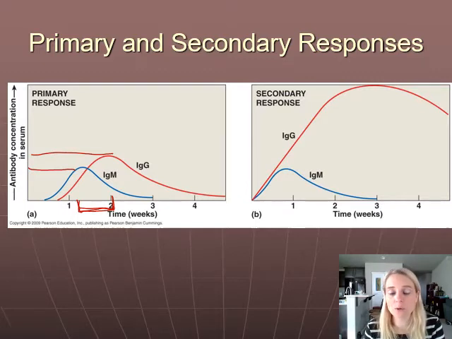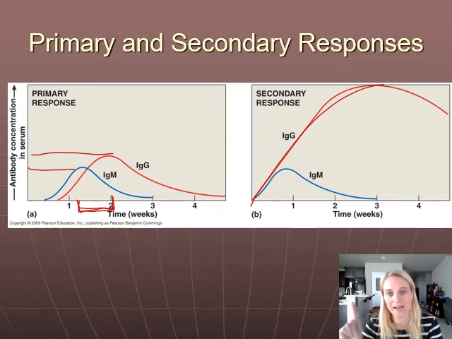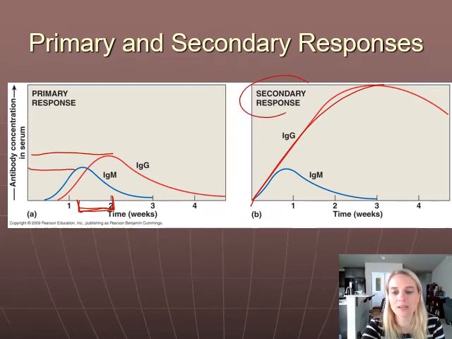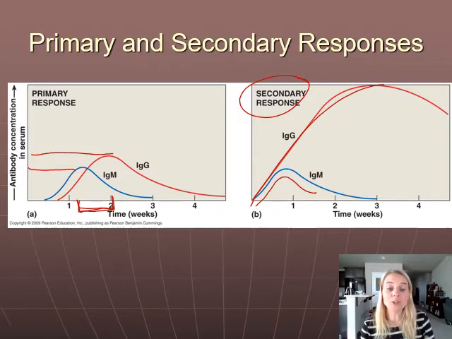So if they get exposed to coronavirus the next year, those memory B cells will respond differently. And you take a look, who gets out in the open first? IgGs, shoo, they just run straight up really high and really fast. So in the secondary response, those plasma cells are pumping out IgGs like crazy. IgMs come along a little bit later and a little bit lower. So that's how you can tell.